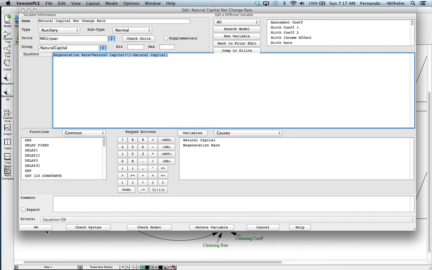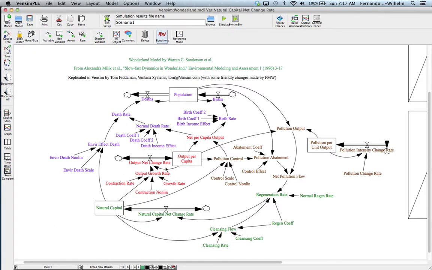So anyway, with that comment aside, essentially what you have is natural capital being regenerated through these green variables, properly colored for nature: the cleansing flow and the pollution flow.